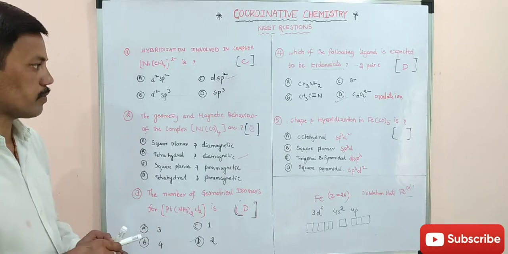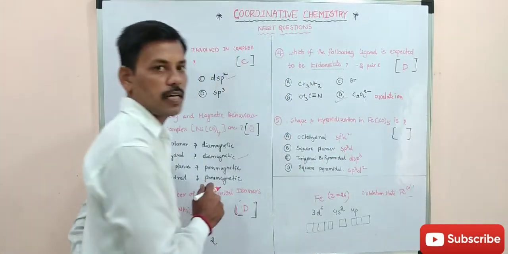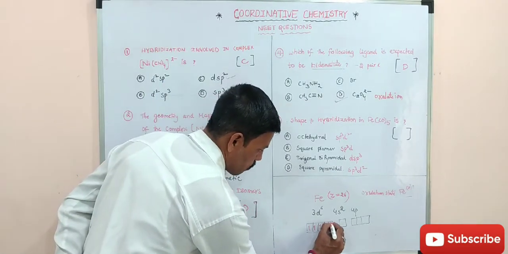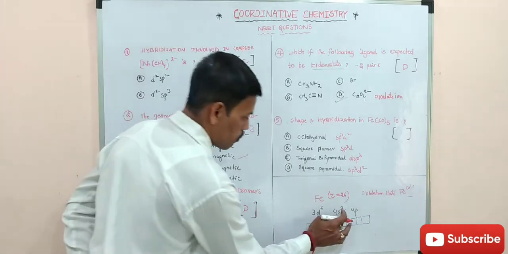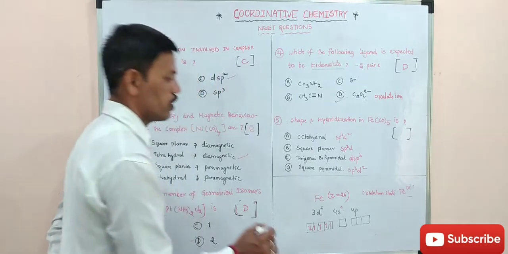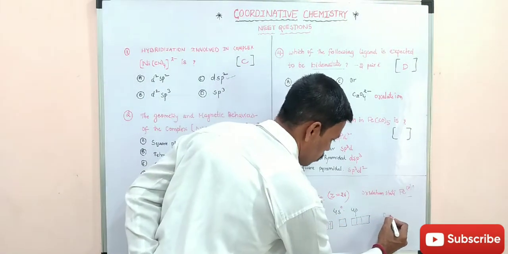How many carbonyls are there? Five carbonyls are there. 3d6 means 1, 2, 3, 4, 5, 6. Here 4s is now 0.